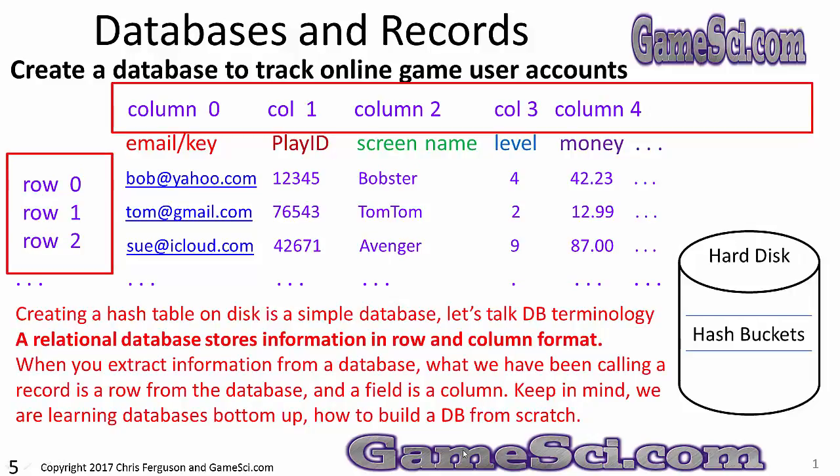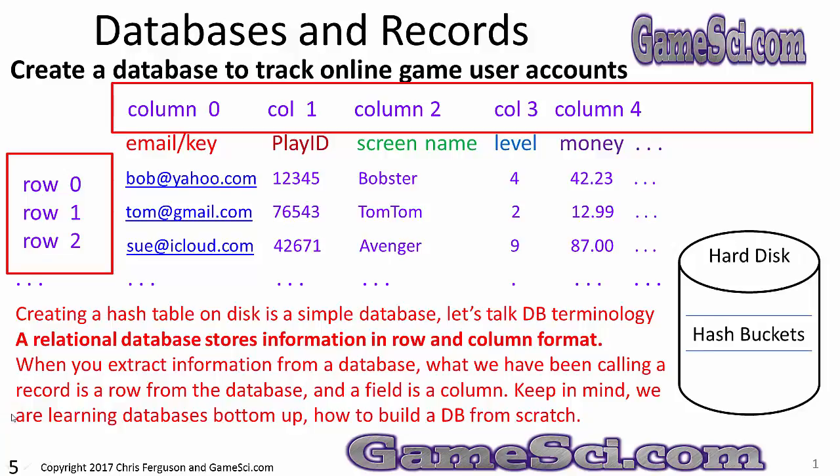Let's talk database terminology. A relational database stores information in row and column format. When you extract information from a database, what we've been calling a record is a row from the database. And what we've been calling a field is a column from the database. Keep in mind we're learning databases from the bottom up.